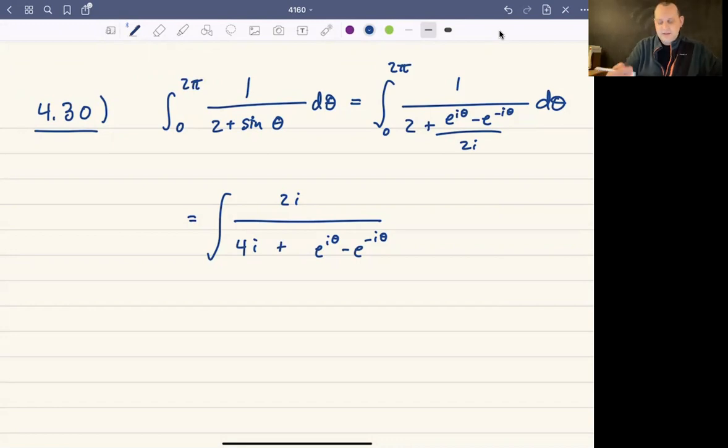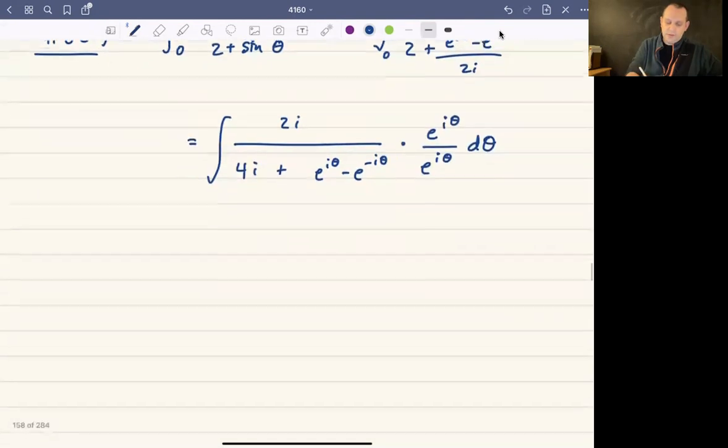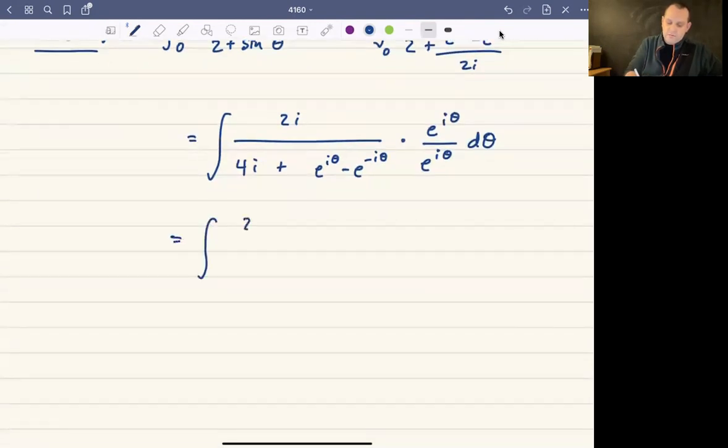And then the last thing I want to do is multiply by e to the I theta over e to the I theta. The reasons for that will be apparent shortly. But this is going to give us the integral of 2I e to the I theta all over, and let's see, if I multiply through the parentheses by e to the I theta, we're going to end up with 4I e to the I theta times e to the 2I theta minus 1 d theta.